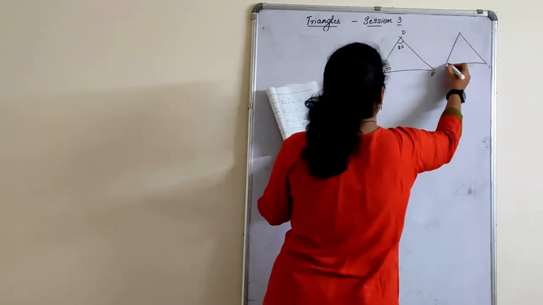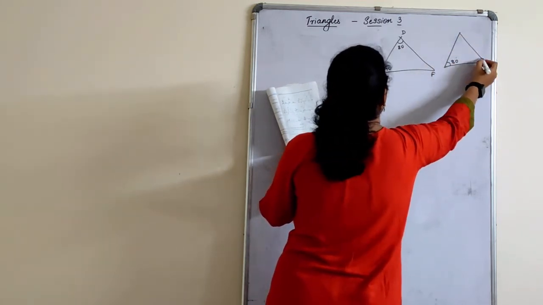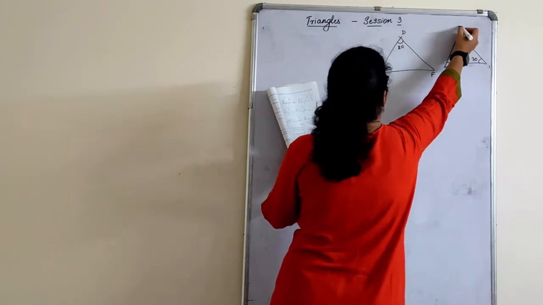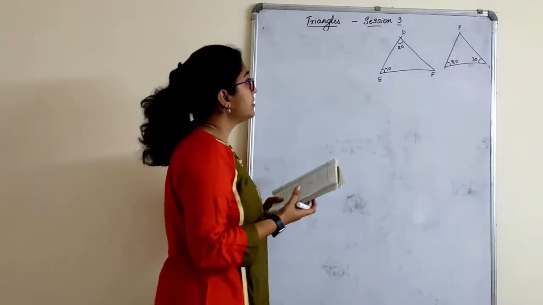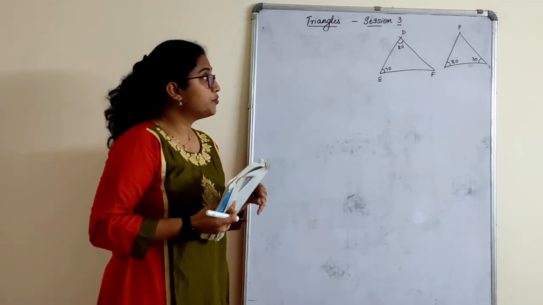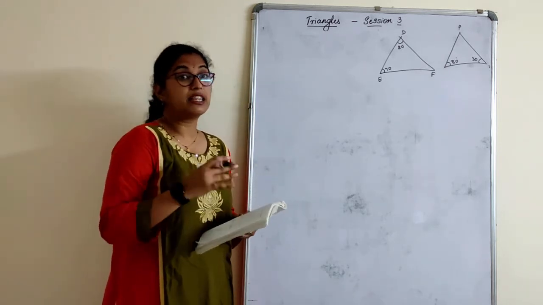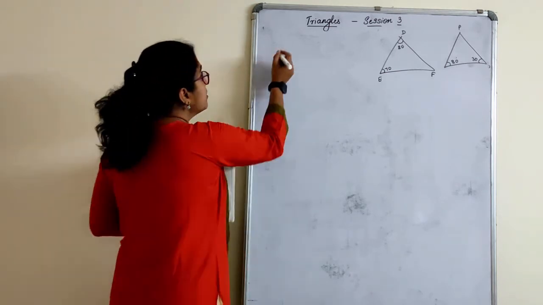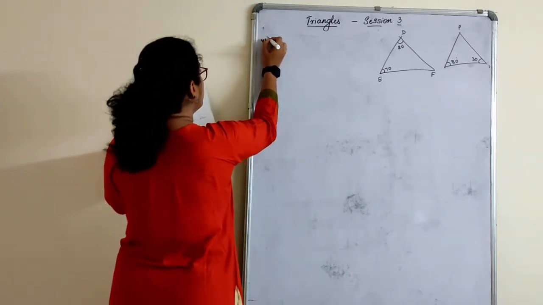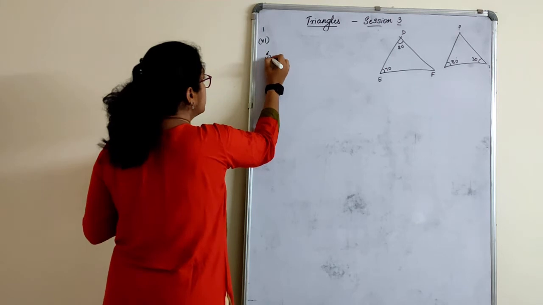Another triangle given here is 80 and 30 and B. Now children, here for example, both you feel that the triangles given are different, right? So first of all, what we will do is we will find the third angle in both the triangles. So the first one first.